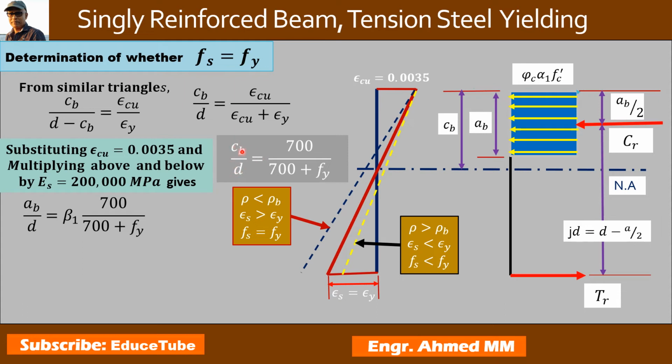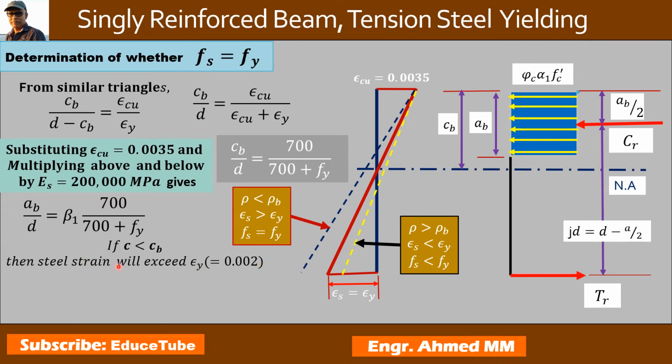Now we can substitute Cb by ab, only we need to add beta 1 on the right-hand side. Once we are done with this, our target is to see our steel strain, how much? Our steel strain, as already written here, is greater than epsilon Y. Epsilon Y means 0.002.